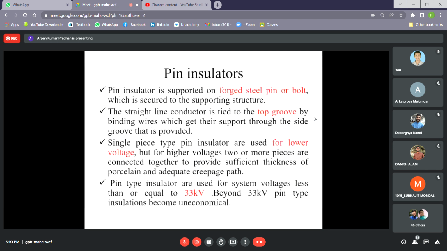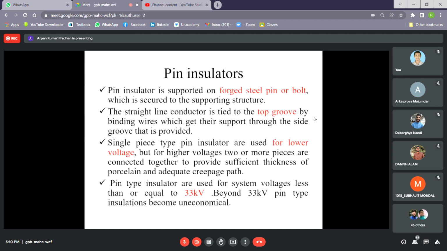The disadvantage, or you can say the characteristic, of the pin insulator is that you cannot combine multiple pin insulators in series. So you can understand it has some operating limit.